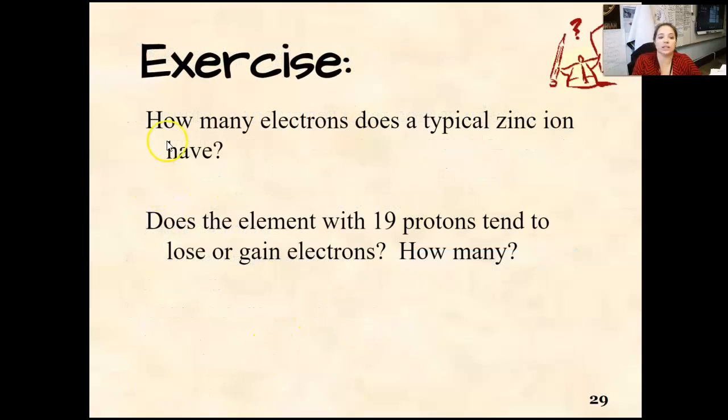Let's look at this. How many electrons does a typical zinc ion have? Looking at zinc, Zn right here, it is a 30. So normal ones have 30, or sorry, 28. Maybe I looked at the wrong thing. It's probably got a +2.